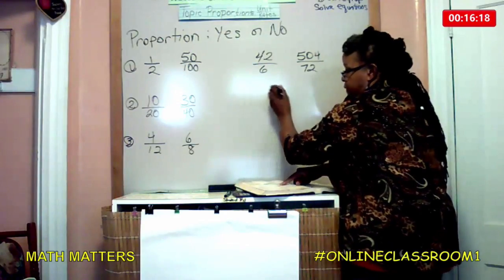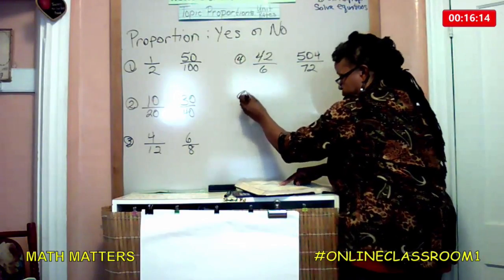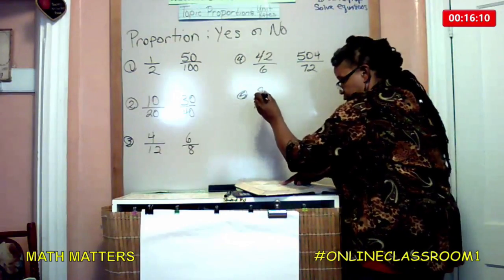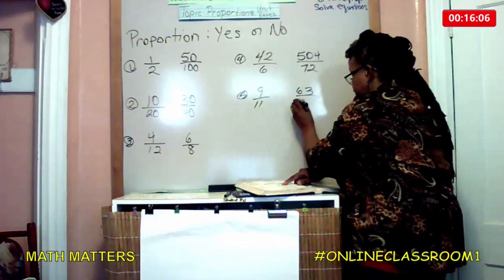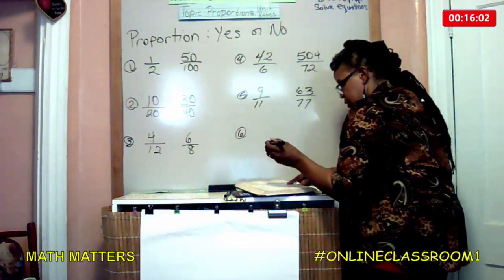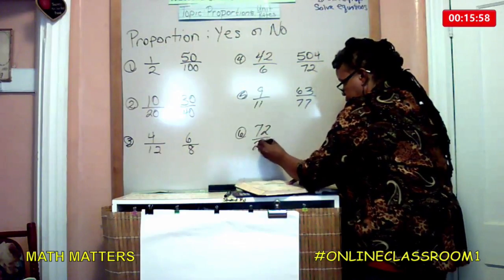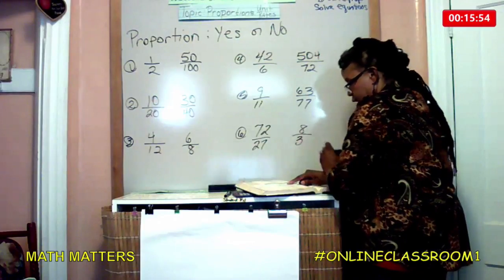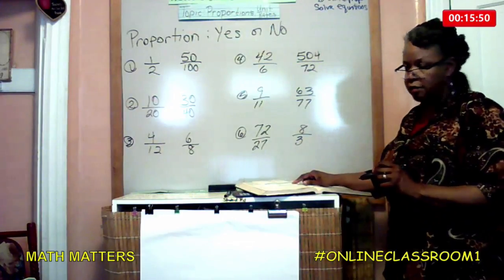Next one: 9 out of 11 and 63 out of 77. Number 6: 72 out of 27 compared to 8 out of 3. Okay, I think we'll stop there.